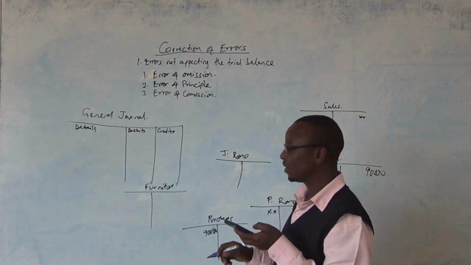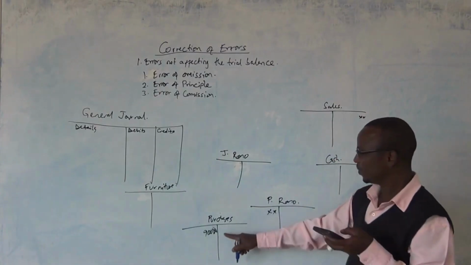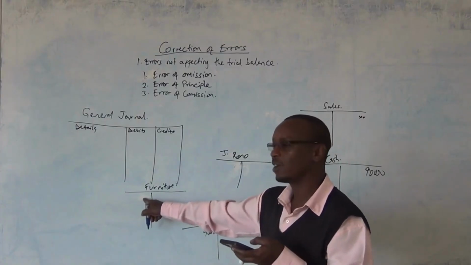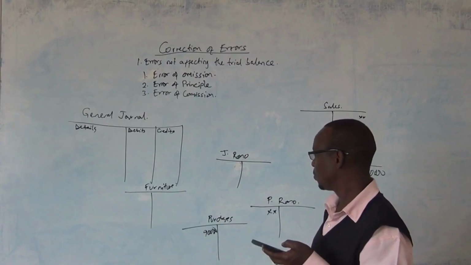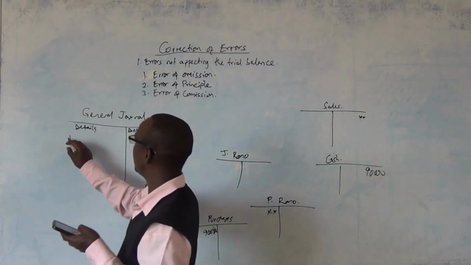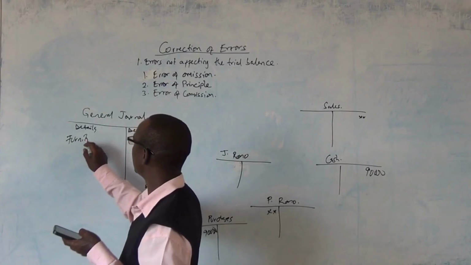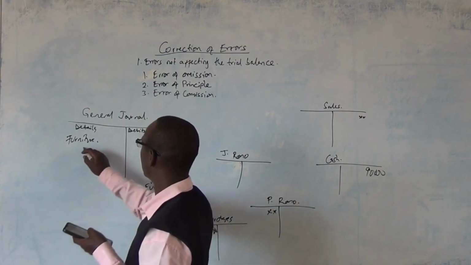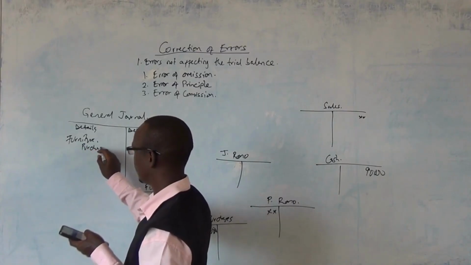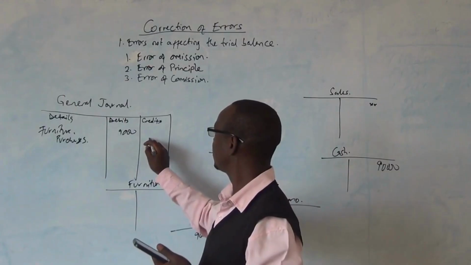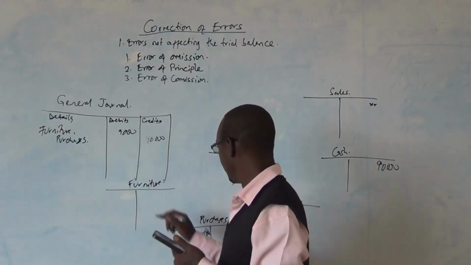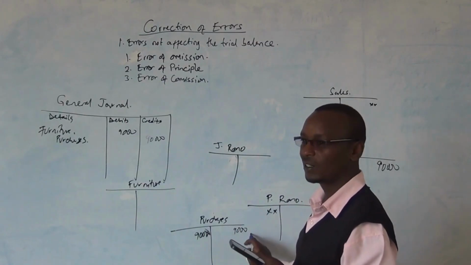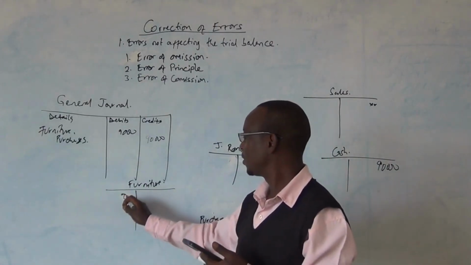So if you want to correct this error, you want to remove this amount here and put it here. What are you going to do? You are going to debit furniture account 90,000 and credit purchases 90,000.